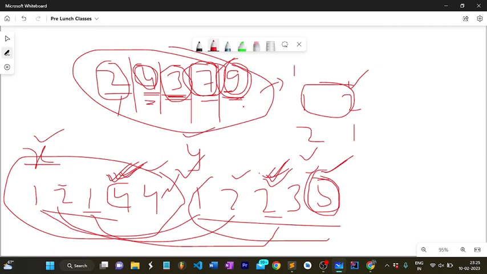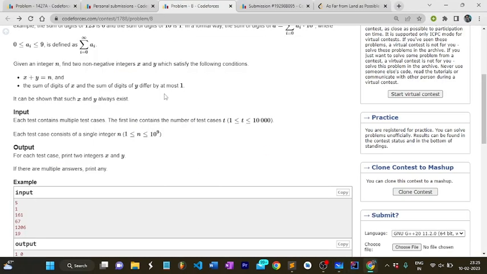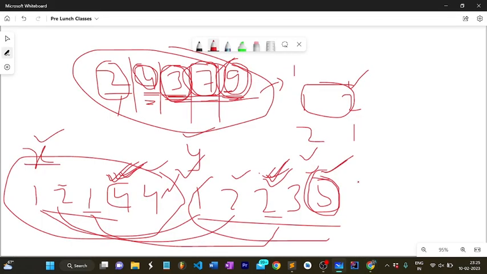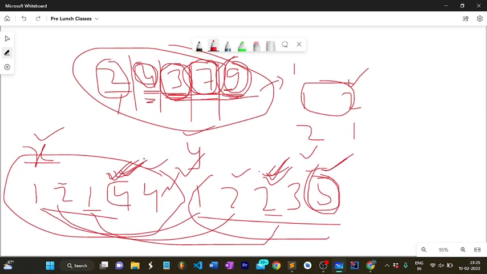So 0 will be in the case when we get the odd digits an even number of times, and it will be 1 when we get the odd digits an odd number of times. So I hope this is clear to you, why they are saying that the difference should be at most 1. I know that this is of no use that much, but I have explained it for the sake of your understanding.